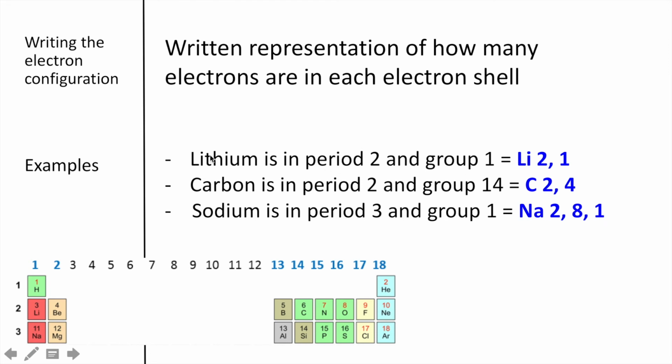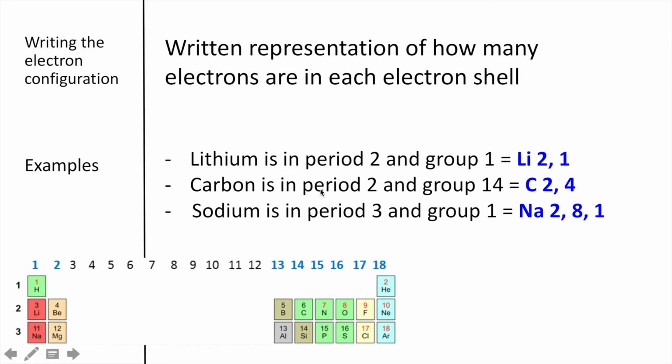So as a repeat, if you were to write the electron configuration for lithium, it would be Li 2, 1. And that would state that there are 2 electrons in the first shell and 1 electron in the valence electron shell.